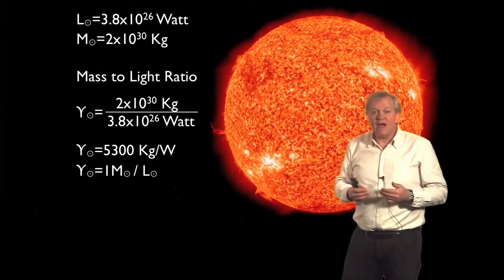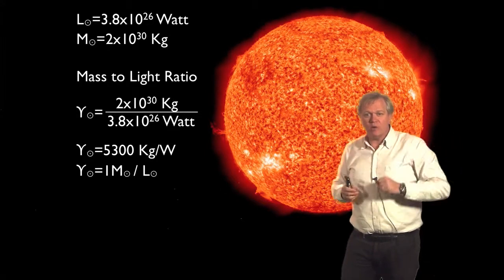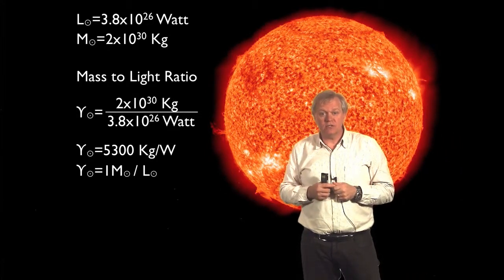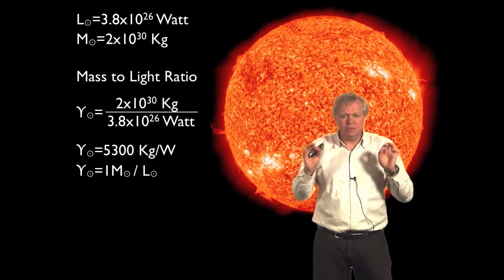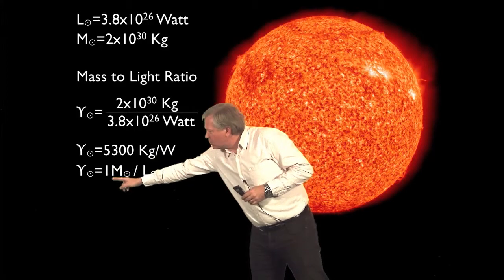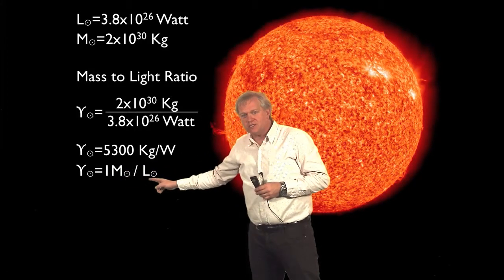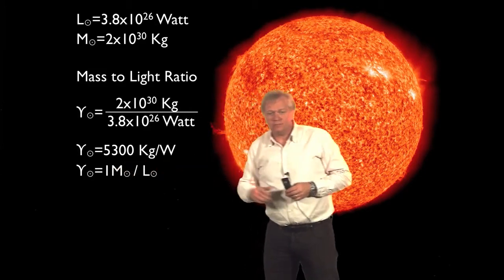That would mean wherever I saw a watt of starlight in a galaxy, I would know I would have 5,300 kilograms. To make this even simpler, we can define this mass to light ratio as 1 solar mass per solar luminosity. That's nice because that number is 1 for the sun.